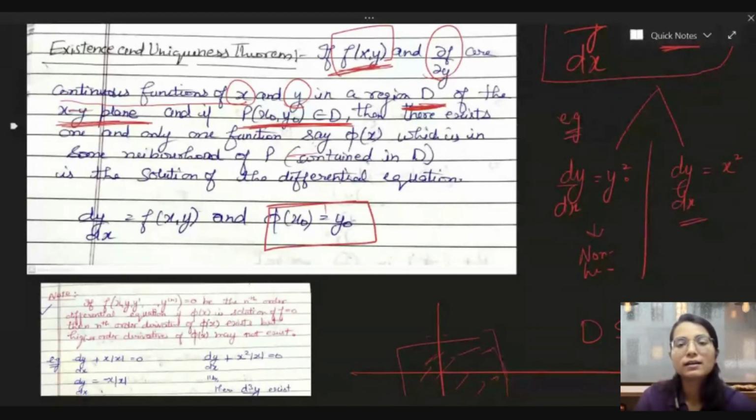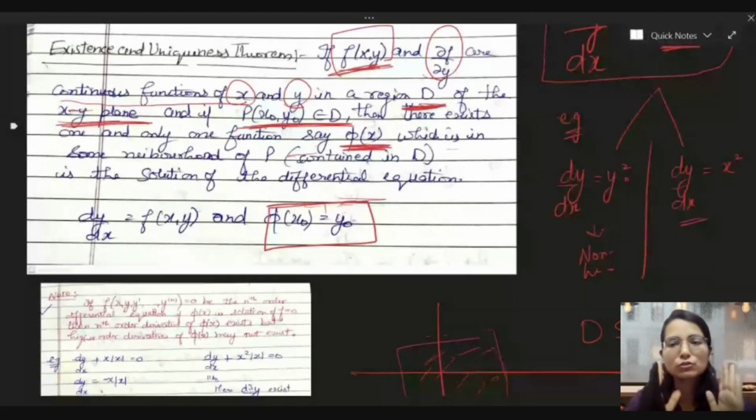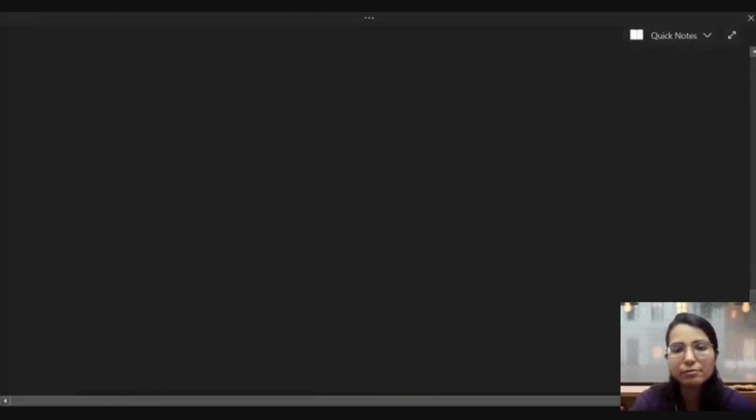Then there exists one and only one function, say phi of x, which is in some neighborhood of P and contained in D and is the solution of the differential equation. So in short, what does this statement mean?